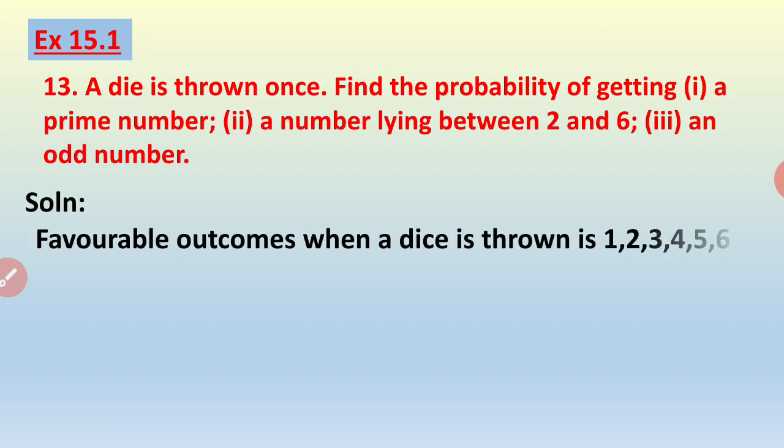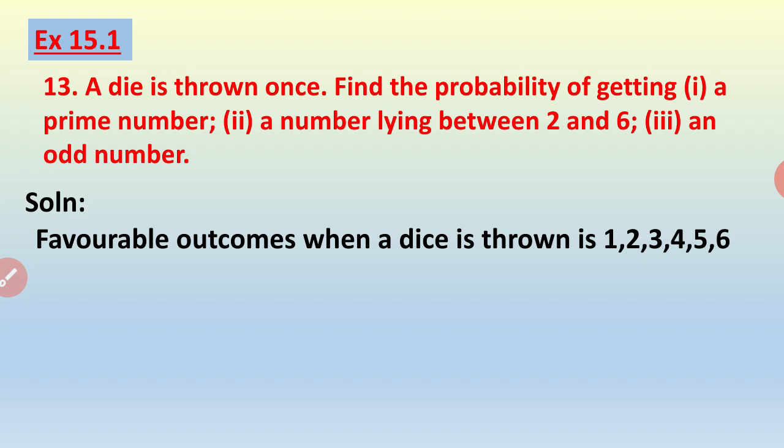Here, when a dice is thrown, the favorable outcomes are always 1, 2, 3, 4, 5 and 6. These 6 numbers are there on the dice, so any of those numbers can be there when you throw it. The first part is to find the probability of getting a prime number. So, we'll have to look at all the prime numbers from here.